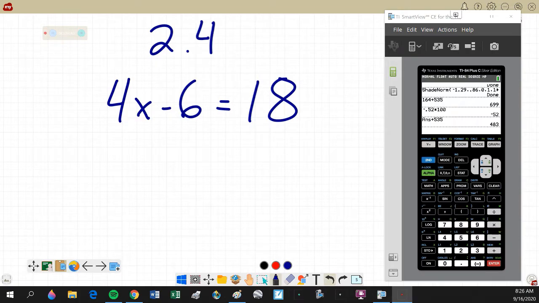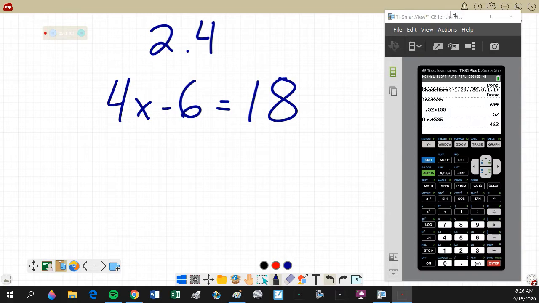Hannah? But aren't both of those numbers attached to the x? The 4 is attached through multiplication, and the 6 is attached through subtraction.